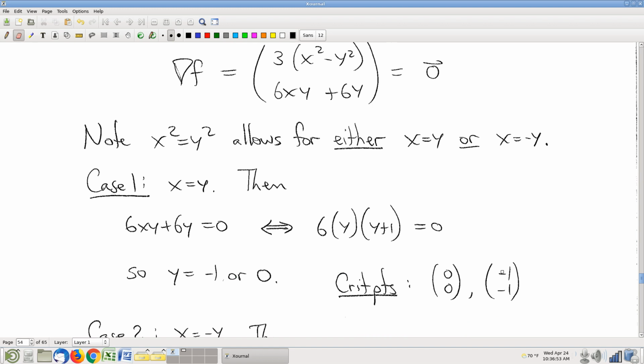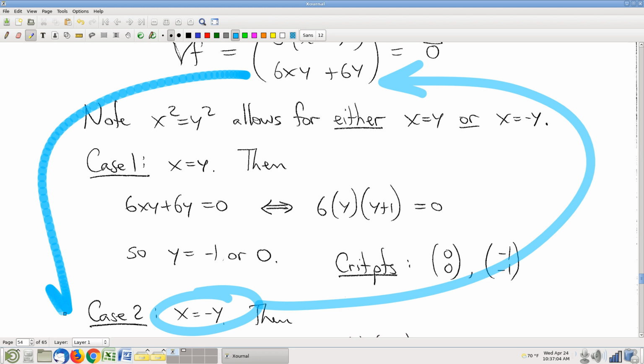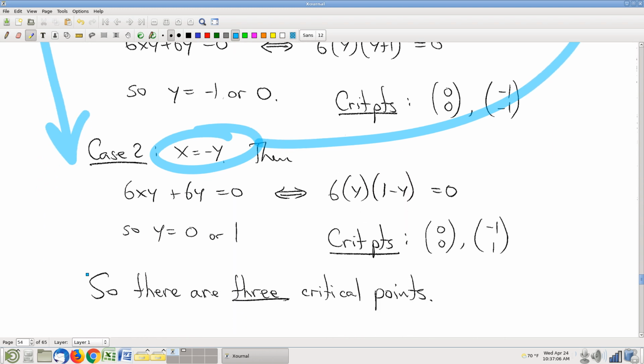Okay. So our second possibility is that x is negative y. If x is negative y, that tells you, again, plug in x equals negative y, the algebra becomes a little bit different. You're no longer replacing x with y. You're replacing x with negative y, something different.